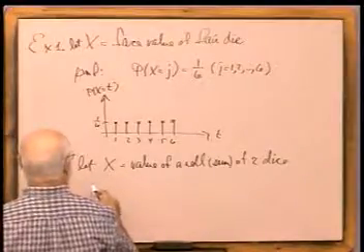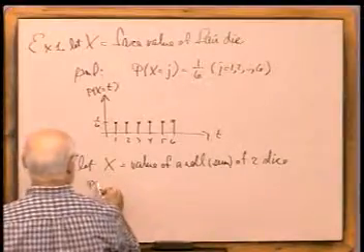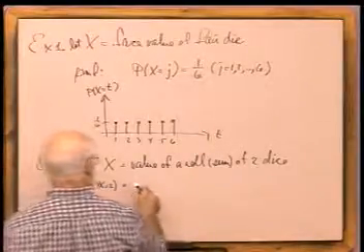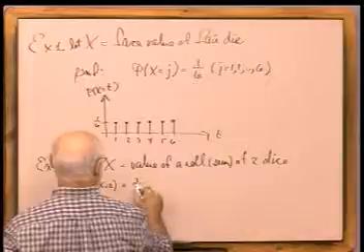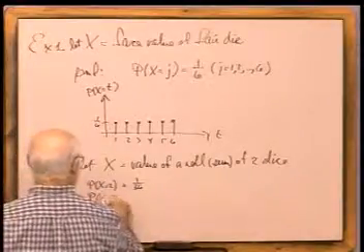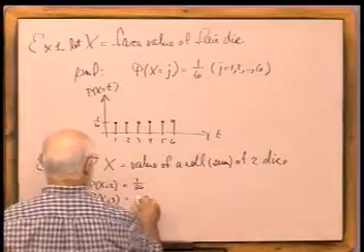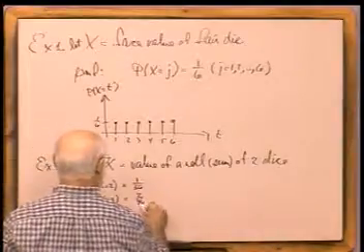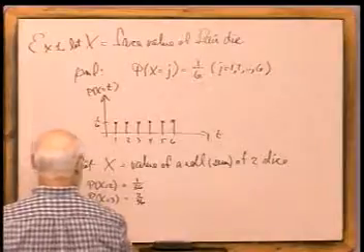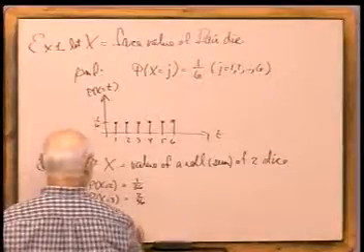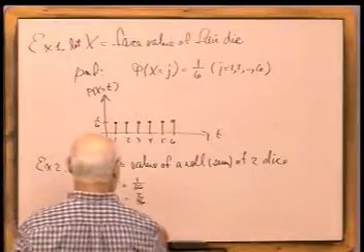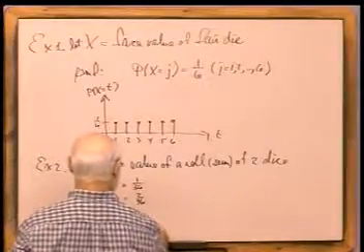Well, the probability that X equals 2, as we already know, we've done this 1,000 times, is 1 over 36. And then the probability that X equals 3 is 2 over 36, and so on. And finally, the probability that X equals 6 is 5 over 36.